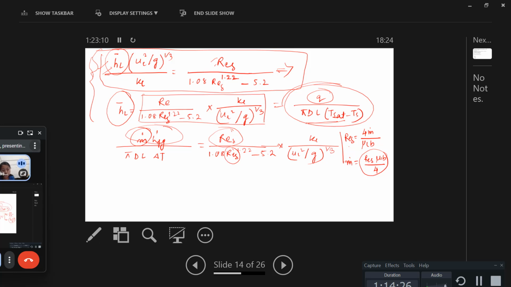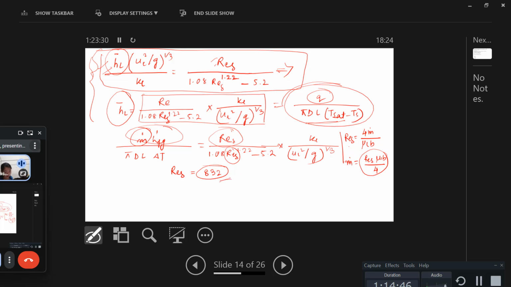So if we substitute all the values of this, we get RE delta as 832. Okay. So this is actually in between laminar and turbulent.